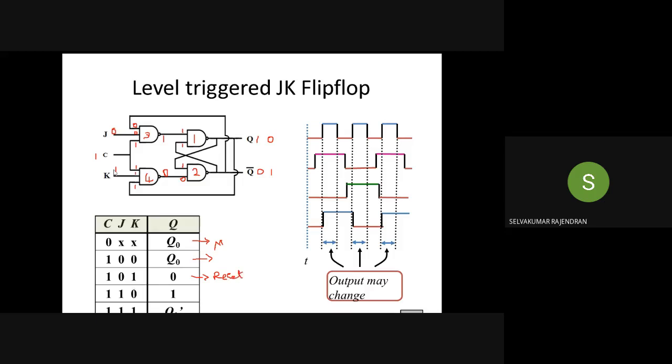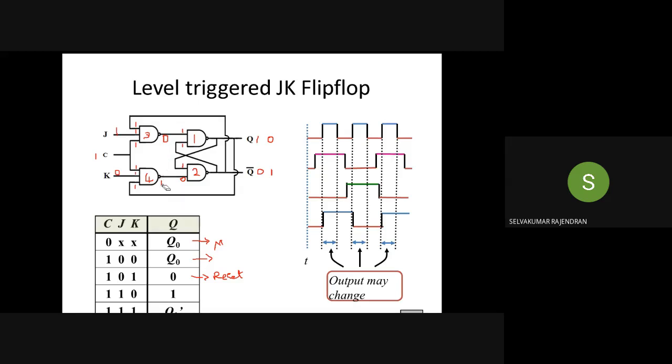Similarly, for the next input combination 1 0, because of K equal to 1, irrespective of the other two inputs, NAND gate 4 produces logic 1. Q bar having logic 1 will be applied to the input of NAND gate 3. So for NAND gate 3, all the inputs are logic 1, so it goes to logic 0.